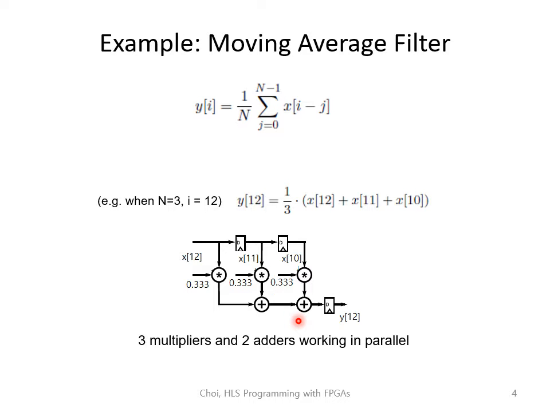All the multiplication and addition are done in a single cycle. You can see that the multipliers and the adders are fully working in parallel, so the FIR filter maps quite well to a hardware circuit. Now, let's try to implement this in HLS.